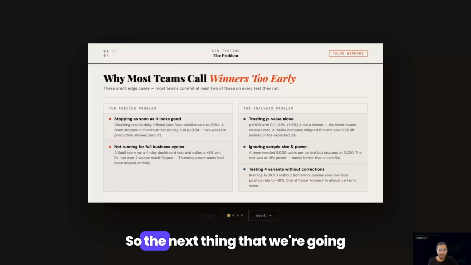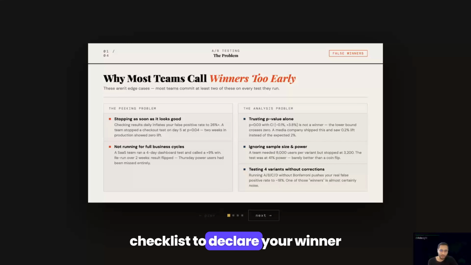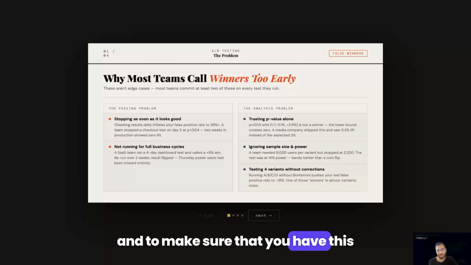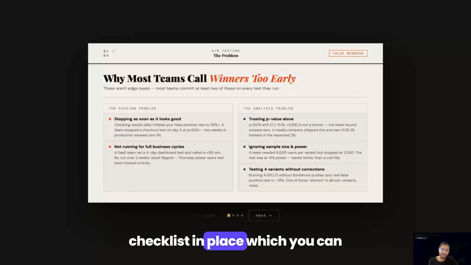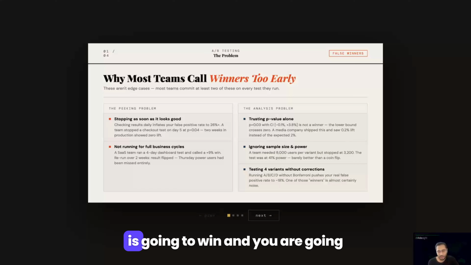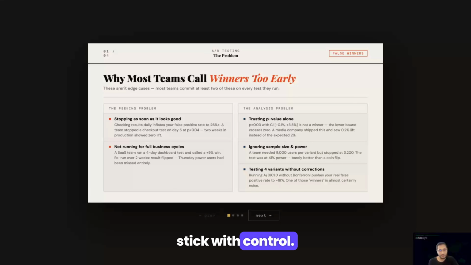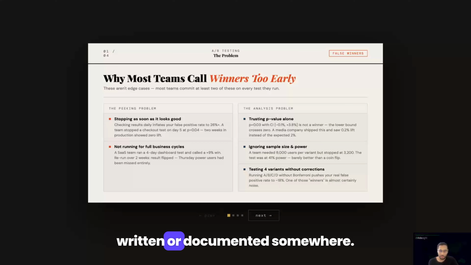So the next thing that we're going to talk about is a 6-point checklist to declare your winner. Make sure that you have this checklist in place, which you can use to declare either that your variant is going to win and you are going to ship that, or that you're going to stick with control. So the first thing is to have your hypothesis written or documented somewhere.